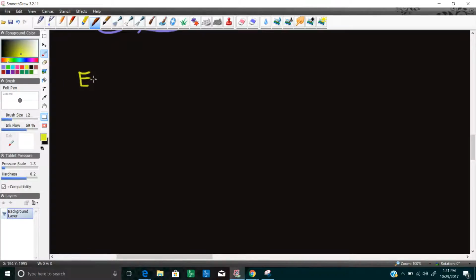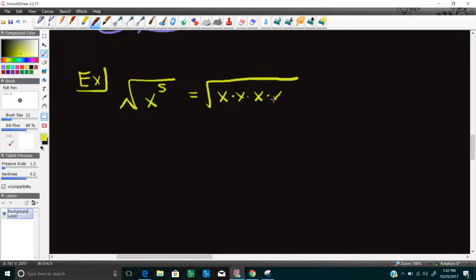So let's say we have the square root of x to the 5th power. For this one, I'm going to draw the picture just so you can see. This is x times x times x times x, 1, 2, 3, 4, times one more. So I have 5 x's, and in this picture I can circle 1 pair, 2 pairs, and that's it.